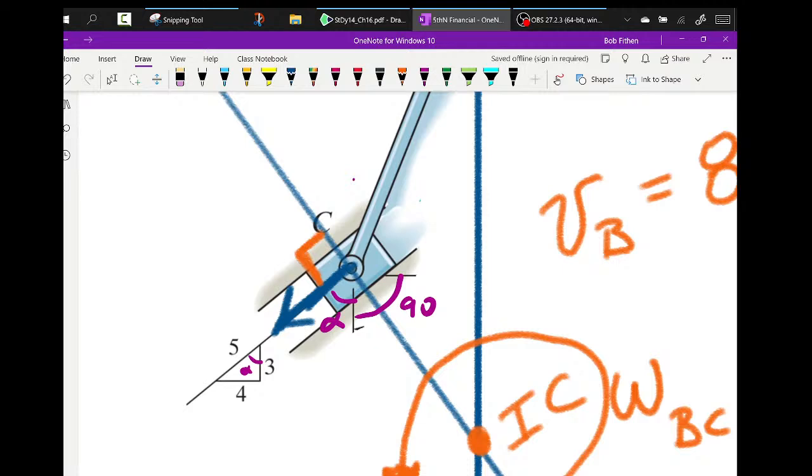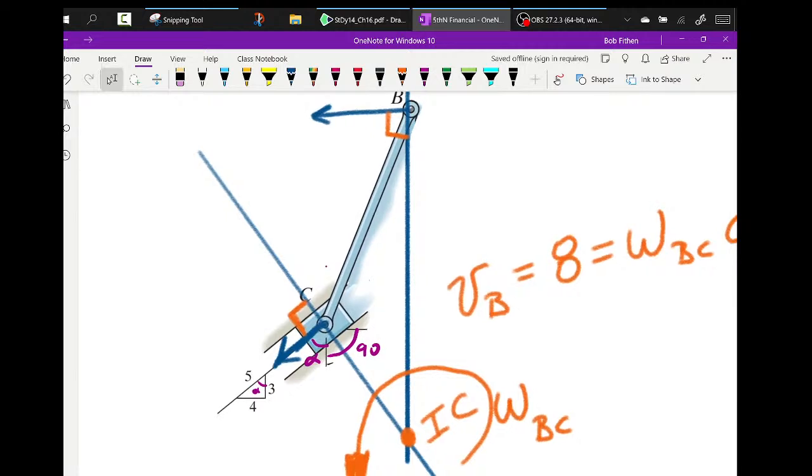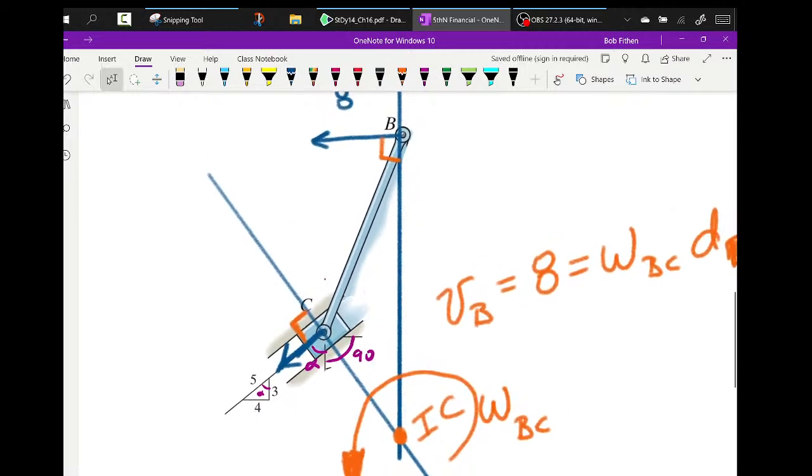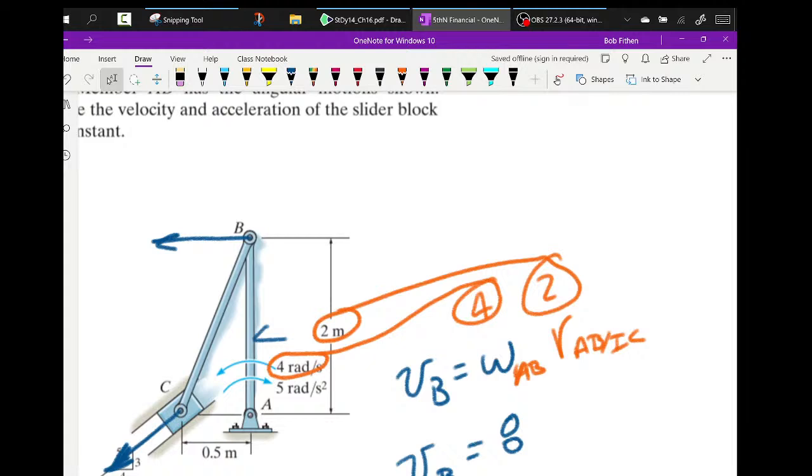So, let's see if I can come up with a different approach. And that different approach might be interesting and a little bit on the lazy side. This is 2, this is a half, therefore I can get that angle.